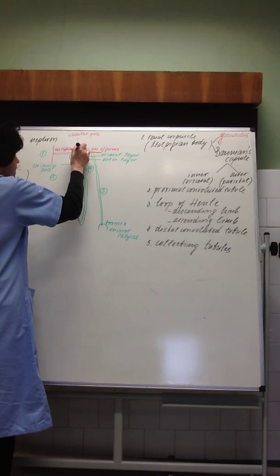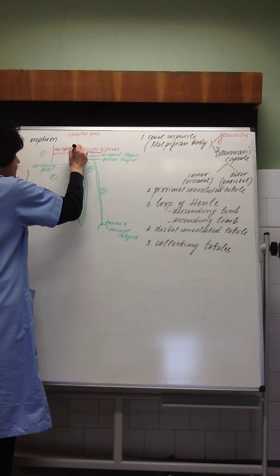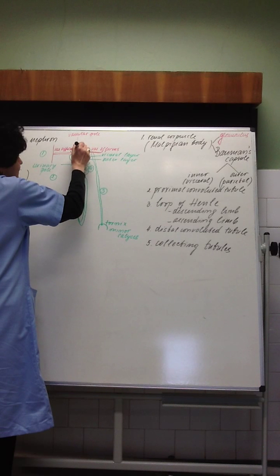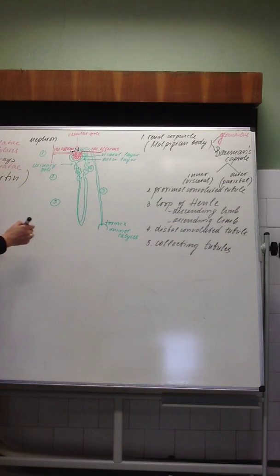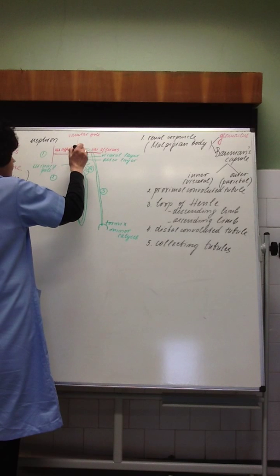Modified cells of the wall of the distal convoluted tubules, and small cells between them called extraglomerular mesangial cells, together constitute the juxtaglomerular apparatus. It's located here.